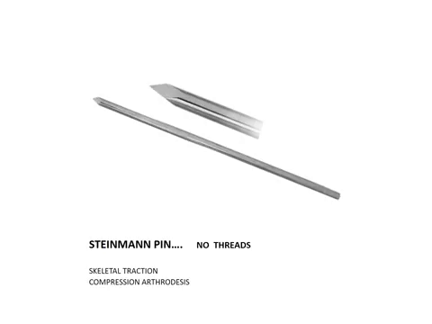So this is a Steinmann pin. It does not have any thread. Its two important uses are it is useful in skeletal traction and also for compression arthrodesis above and beneath a joint which requires fixation, fusion.